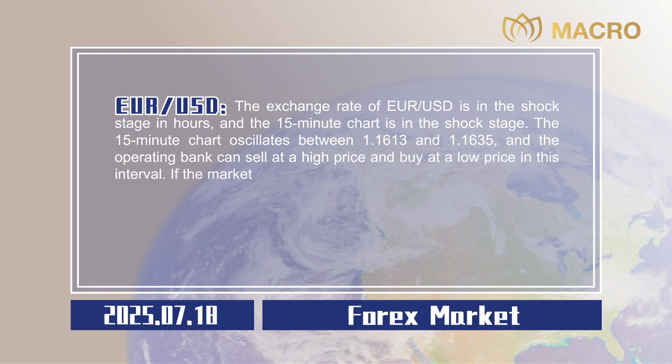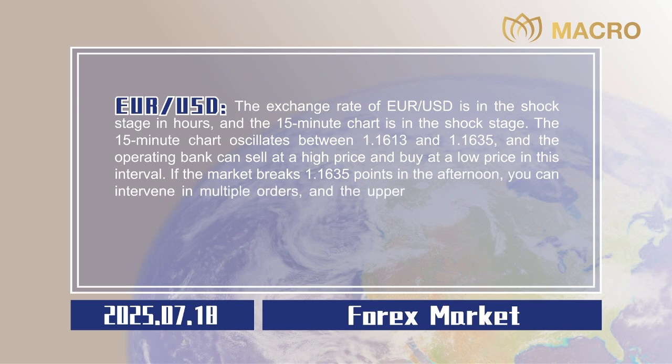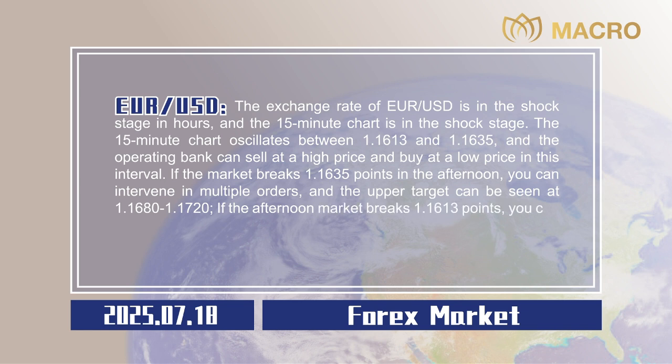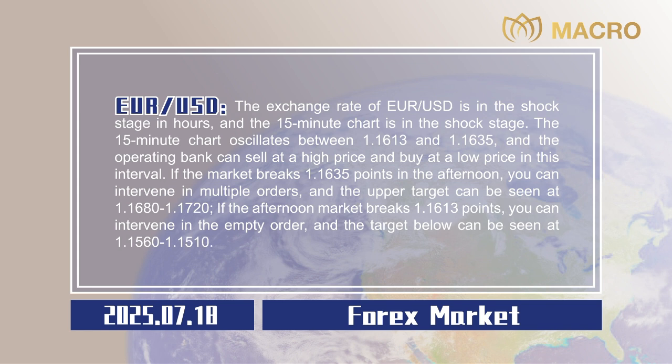If the market breaks 1.1635 points in the afternoon, you can intervene in multiple orders, and the upper target can be seen at 1.1680 to 1.1720. If the afternoon market breaks 1.1613 points, you can intervene in the empty order, and the target below can be seen at 1.1560 to 1.1510. Stop losses are all 20 points.